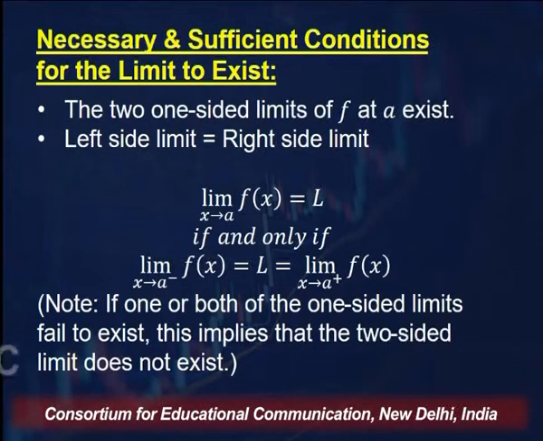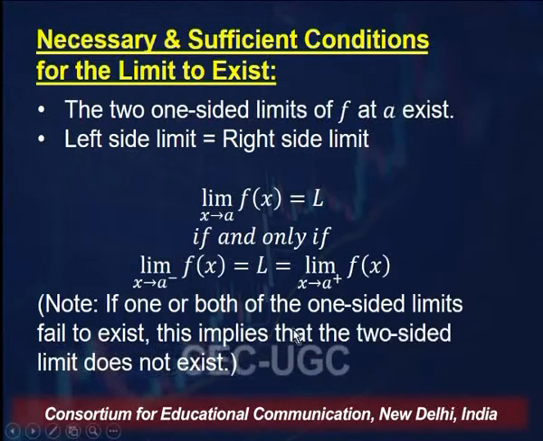So first is the existence part: both the left side limit and the right side limit must exist. And the second condition is that the left side limit should be equal to the right side limit.